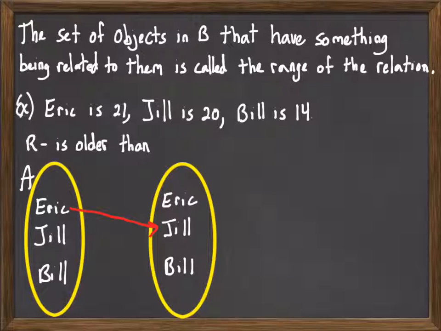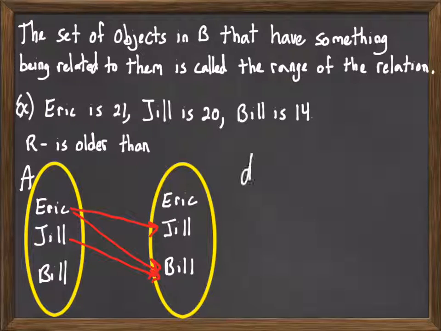Eric is older than Jill, being 21, so Eric would be related to Jill. Eric would also be related to Bill, because Eric is older than Bill. Jill is also related to Bill because she's older than him. However, Bill is not older than anybody, so Bill does not get related to anyone.